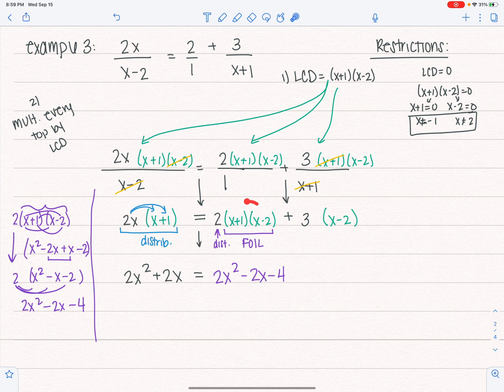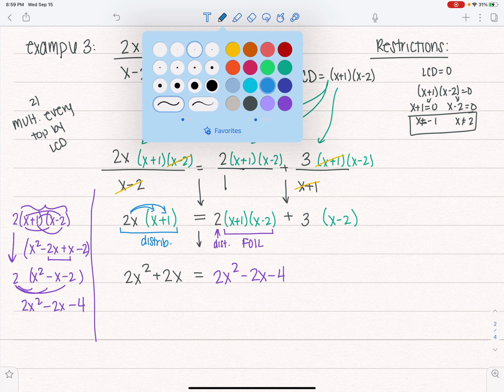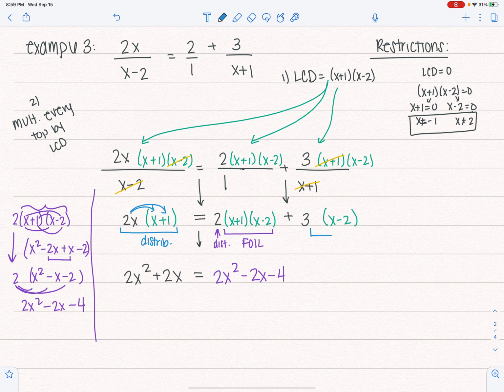So again, I FOILed this part first, and then once I had that all FOILed out, I distributed the 2. You cannot distribute the 2 until you have FOILed everything. And then the last one, I'm going to distribute that 3, very similar to the very first part, and have 3x minus 6.